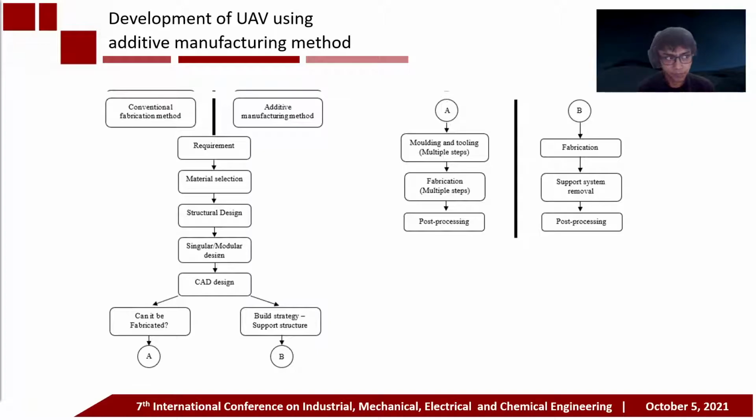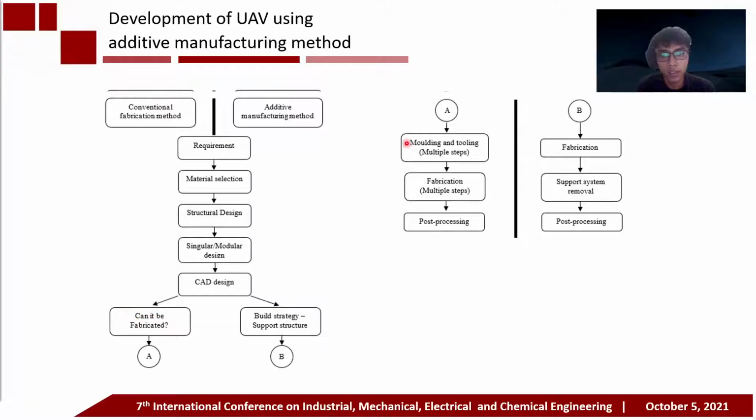As you can see, there is a slight difference in the process of developing a UAV using additive manufacturing, especially at the after-care design. In the conventional fabrication method, can it be fabricated?